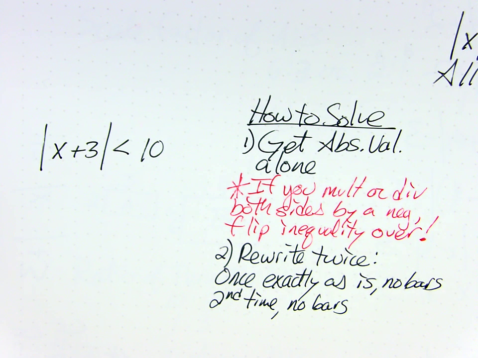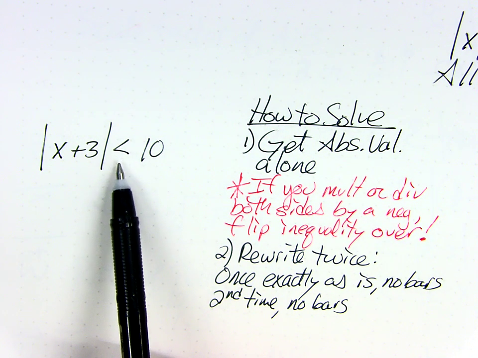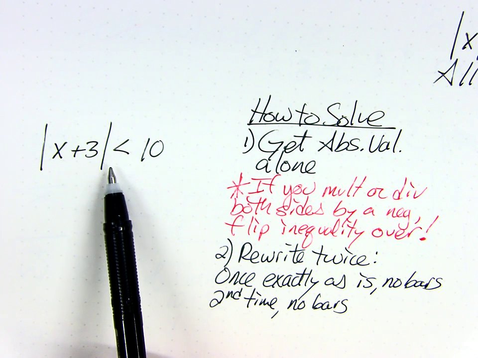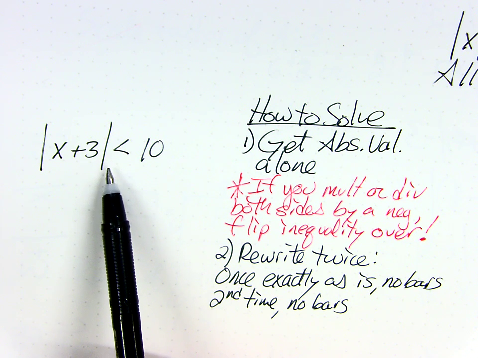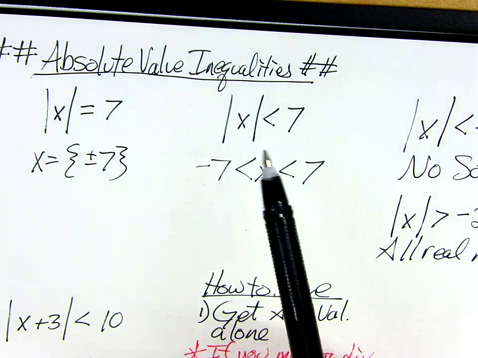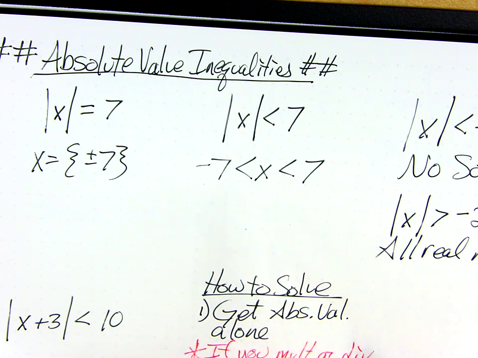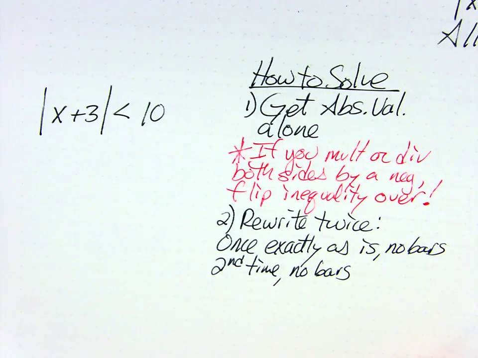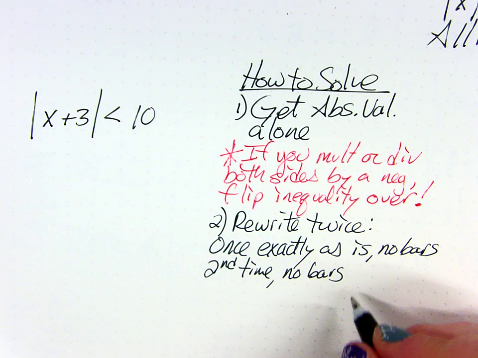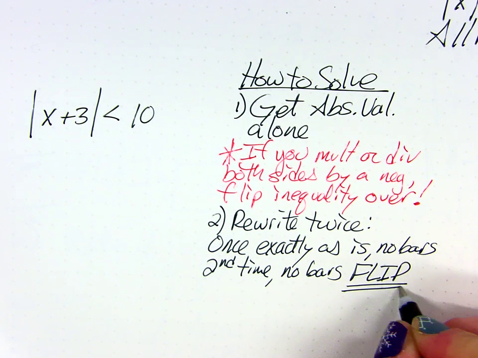There's two things you have to do for this. When you rewrite it the second time, not only is it going to be a negative 10, but you also have to flip that symbol. And that's how, if you remember back up here, we're going to end up setting up this range for ourselves. Okay? So, second time, no bars, flip the inequality symbol.